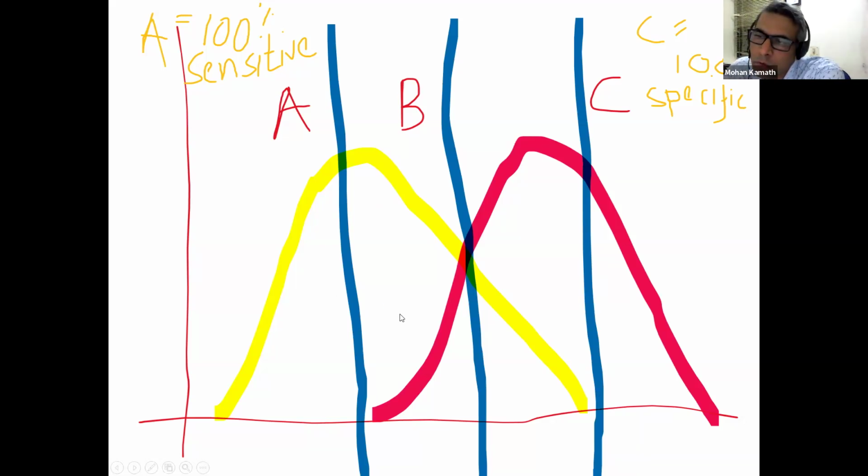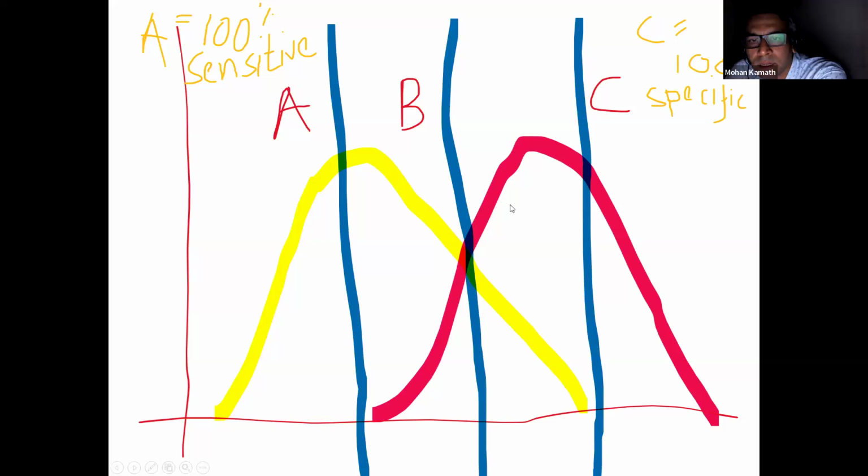That means that you have correctly identified all those who don't have a disease. And this is 100% specific. But of course, then you also miss out a lot more of those who have the disease. You can see that a part of the red peak is behind that cutoff. So it's always a trade-off when you look at this. You can't have the best of both. That is something that we need to remember.